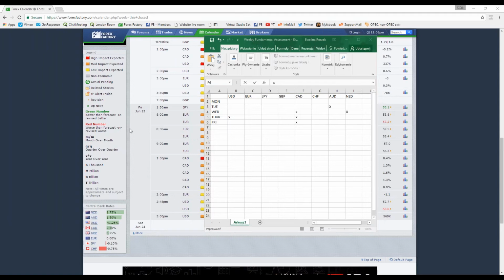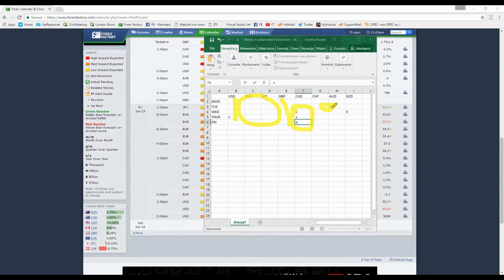So looking at the weekly fundamental assessment before we move on, we can see that we have a pretty clear run on all the euro and the Japanese yen pairs. We have a pretty clear run on the US dollar. We have a clear run on the pound. CAD starts to get some potential catalyzing events coming later on into the week, but none of them huge major ones.